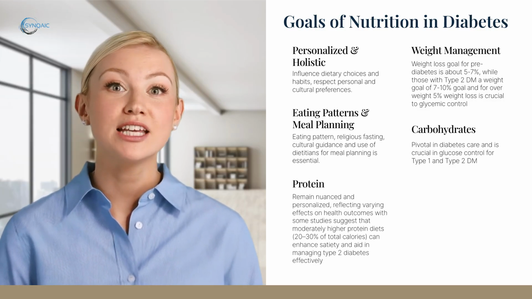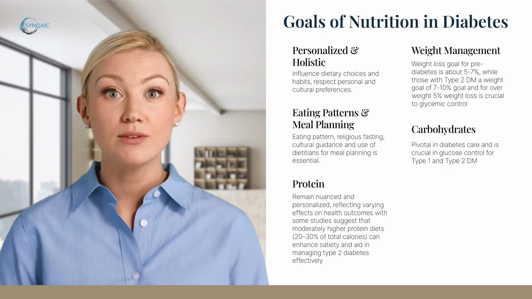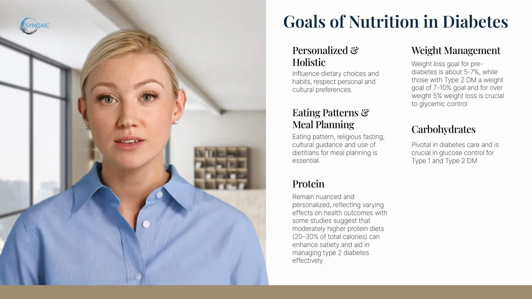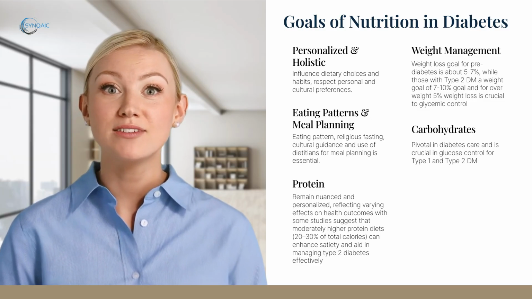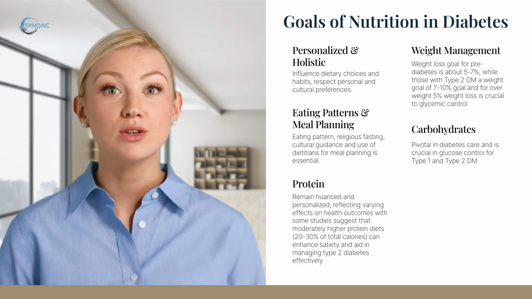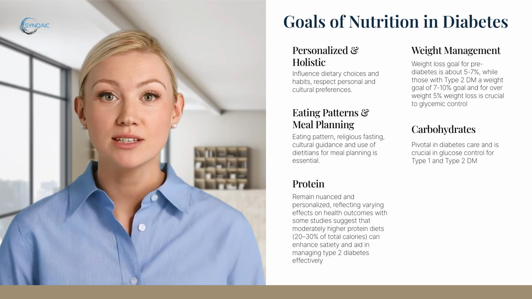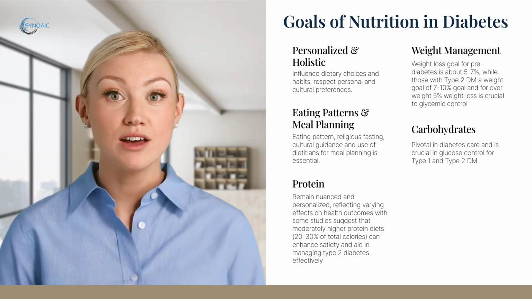Protein intake recommendations for individuals with diabetes remain nuanced and personalized, reflecting varying effects on health outcomes. While specific benefits of altering daily protein intake for optimizing glycemic control or cardiovascular risk are inconclusive, individualized approaches based on existing dietary patterns are advised.